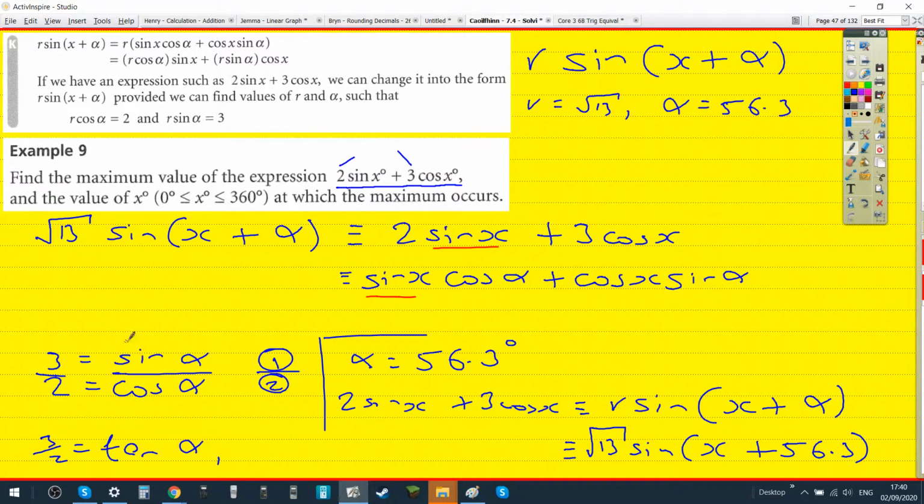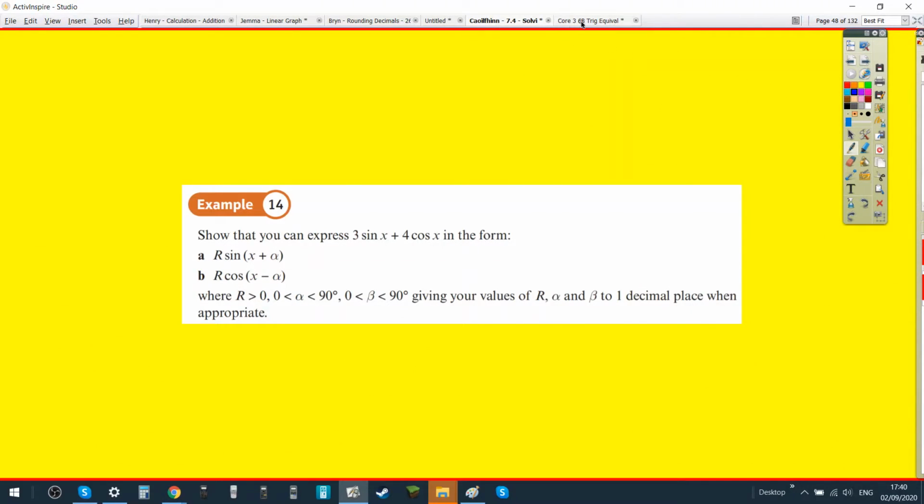The alpha is the arctan of b over a. But we can also do it by inspection. Any questions so far? No. We'll practice.